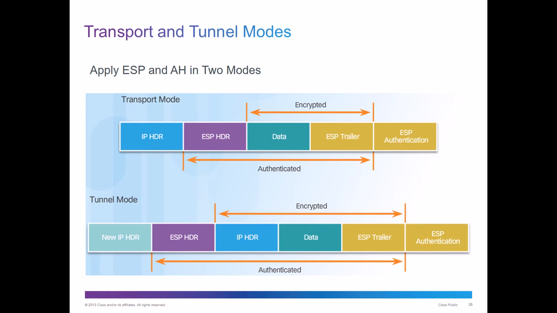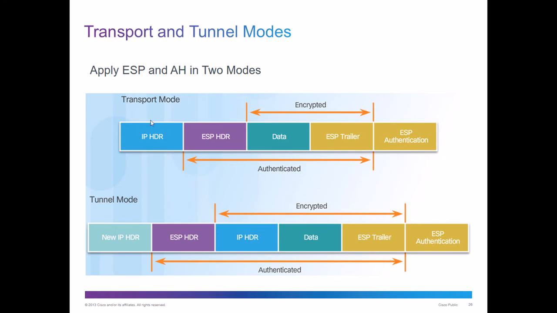There are two different modes that you can use ESP and AH in. You can use them in the transport mode or the tunneling mode. In the transport mode, you are only encrypting anything from the transport layer and above. So the IP header does not get encrypted.